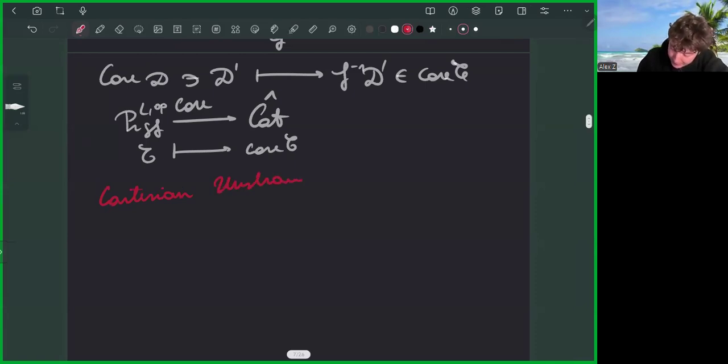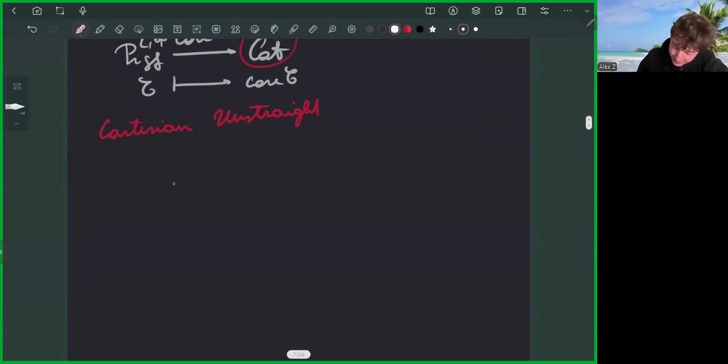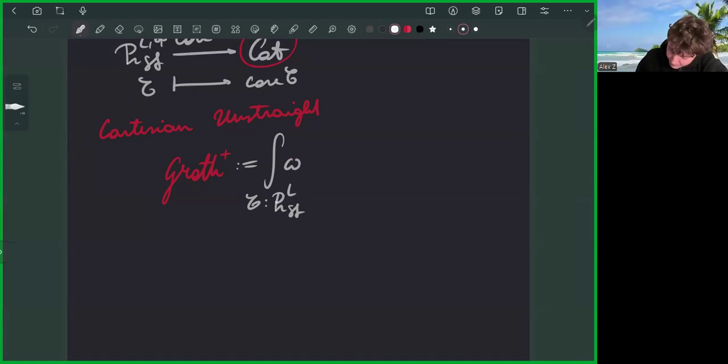And so now, the Cartesian unstraightening of this functor. This is a functor with values in Cat, so we can unstraighten it and define something that was mentioned on a previous slide but we didn't define yet, namely Groth plus. We define this to be the Cartesian unstraightening of the functor core, and it comes with a canonical projection to PrLst.